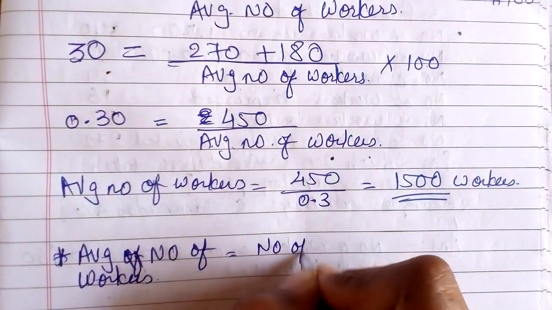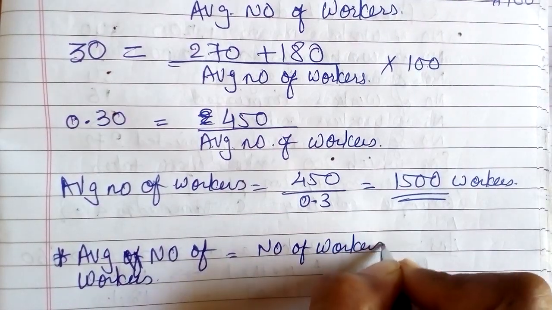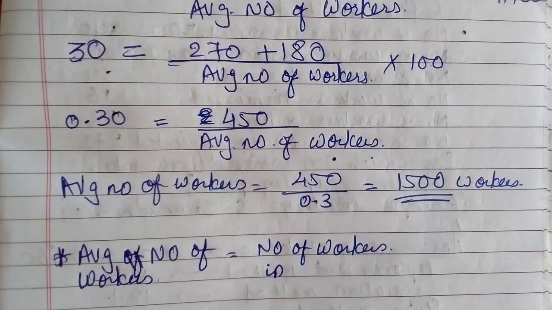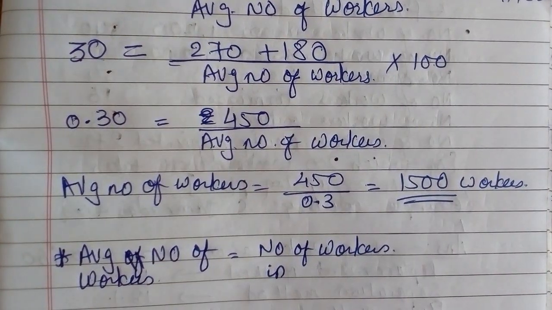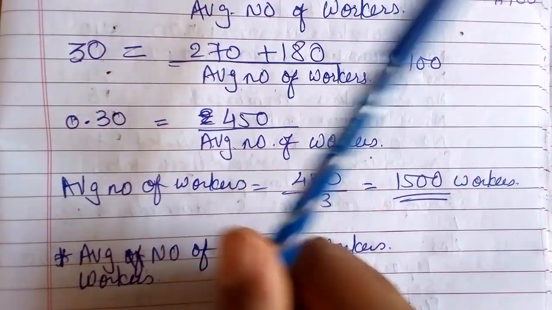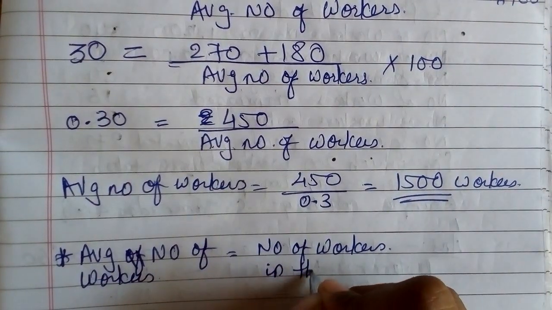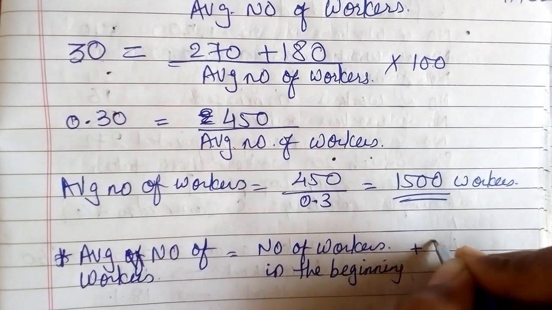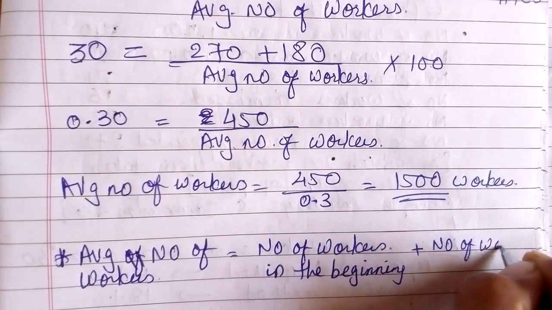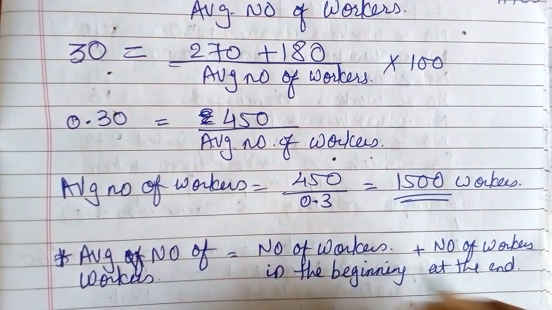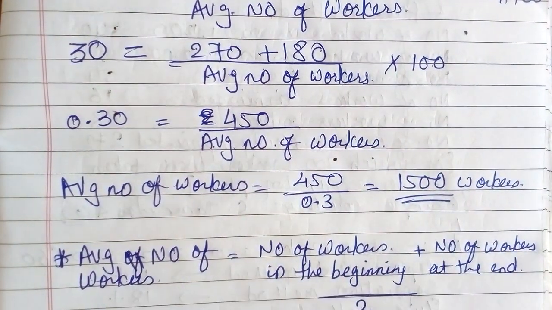So number of workers in the beginning plus number of workers at the end divided by 2.